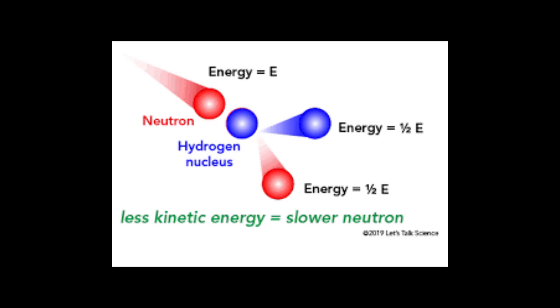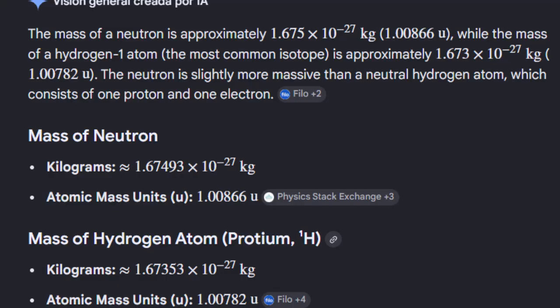But if you have a little neutron colliding with a bigger particle, this process of losing energy is not going to be as effective. Okay, so this is why hydrogen, the lightest element, matters. The neutron has approximately the same mass as the hydrogen nucleus.